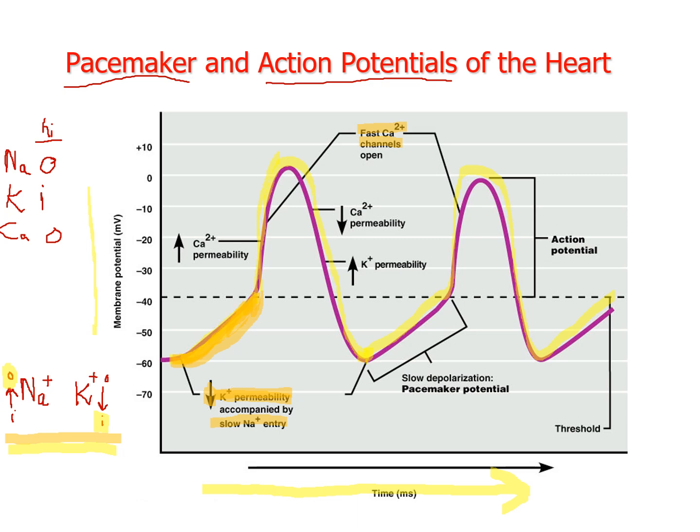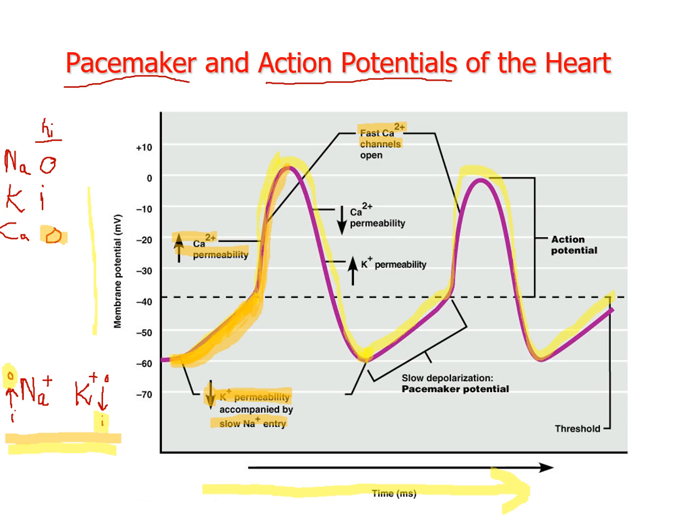When it hits the threshold, you get opening of fast calcium channels. In other words, calcium permeability just went up because the calcium channels opened. And calcium is higher outside, so the flow is from outside in. And calcium is a positively charged ion, so the inside of the cell quickly depolarizes during this action potential. It's called an action potential, and it goes very rapidly up, more positive.